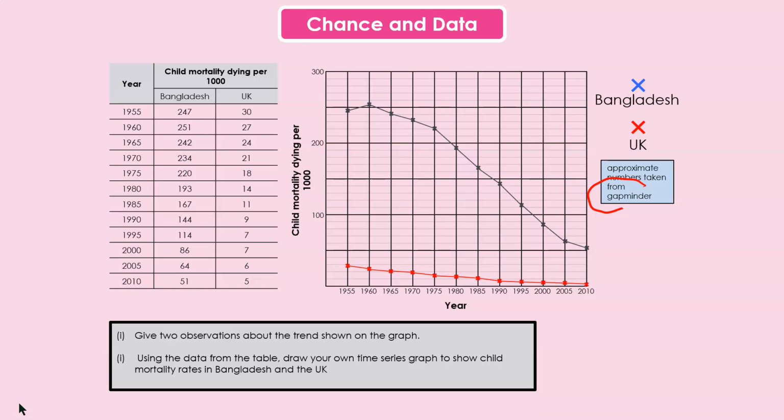So two observations we can get from this graph is obviously that the black line, which is the child mortality of Bangladesh, is decreasing, as well as the UK one. However, the Bangladesh values are much higher, but they're decreasing at a higher rate, and the UK ones are decreasing at a slower rate.